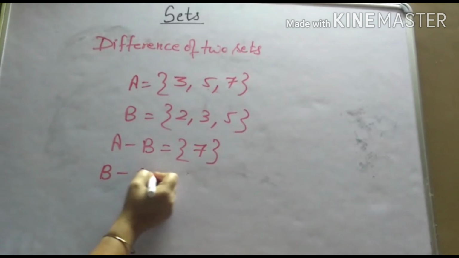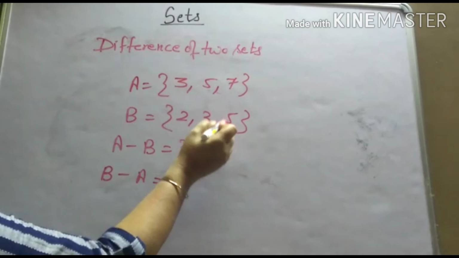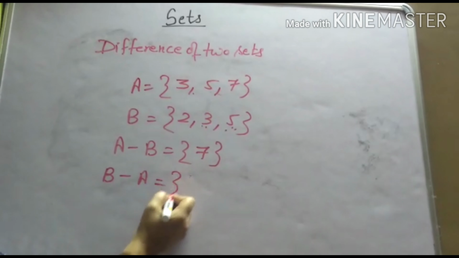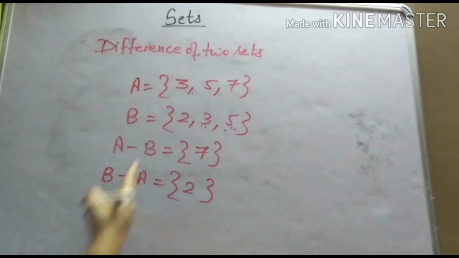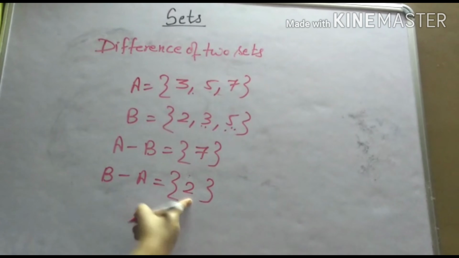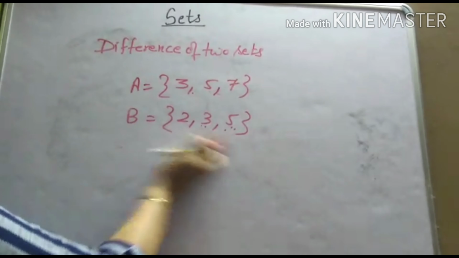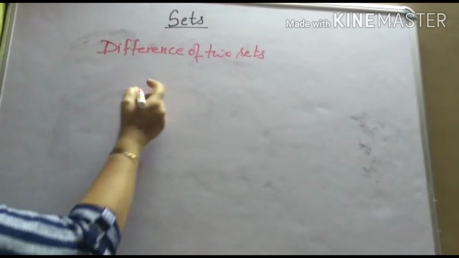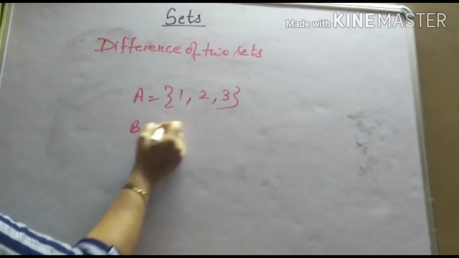Now what is B minus A? Again 3 and 5 are in set A, so B minus A will be the set {2}. Only 2. Clear?